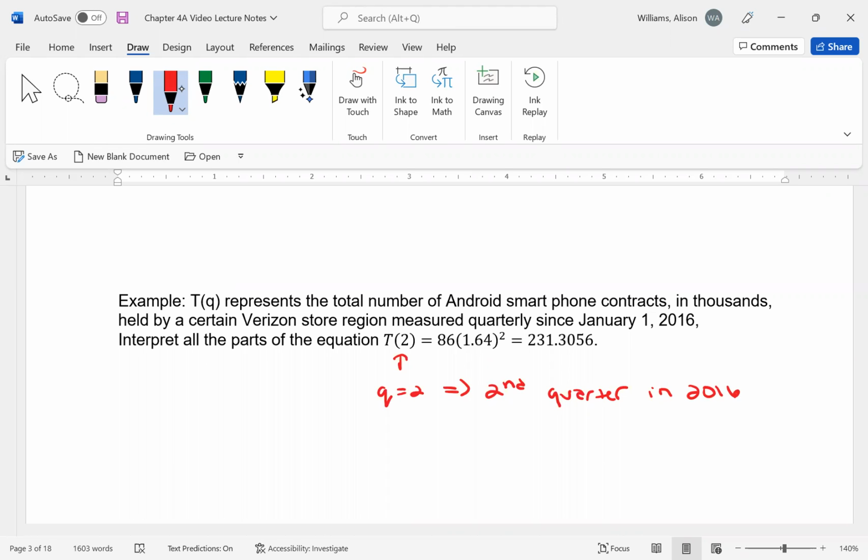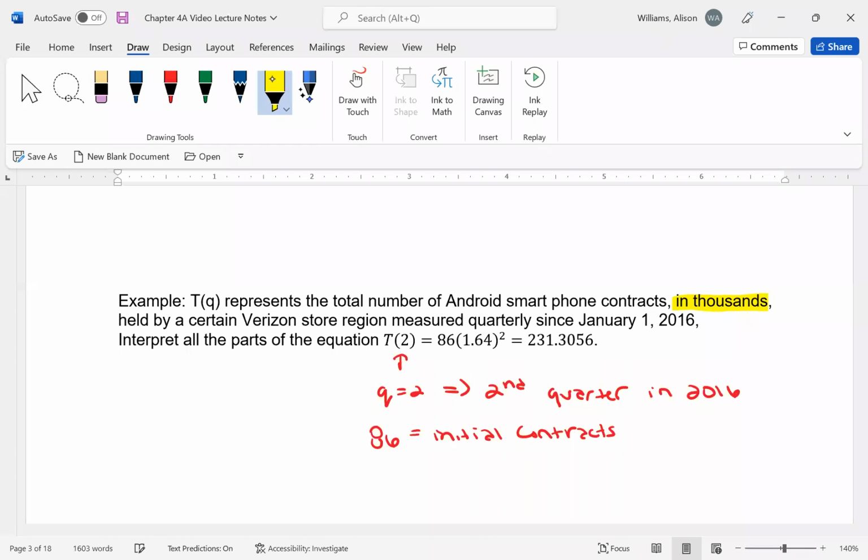And the 86 would be representing the starting or initial contracts at the start of the year. But it's in thousands. They said this measures in thousands.